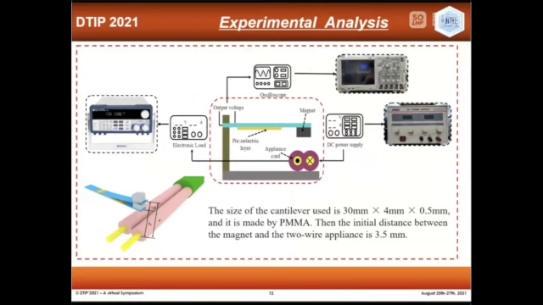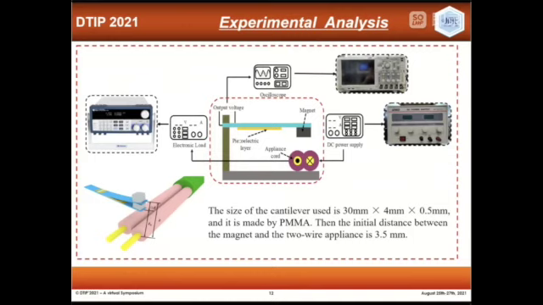The magnetic induction is changed by varying the number of magnets fixed on the end of the cantilever. The DC power supply and the electronic lines are connected by wire to adjust the current, and the oscilloscope is connected with the piezoelectric layer to observe the change of the output voltage.